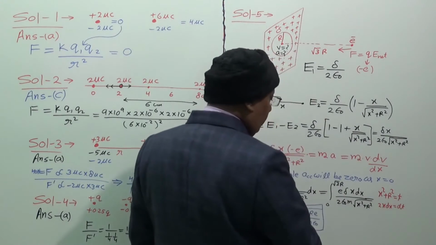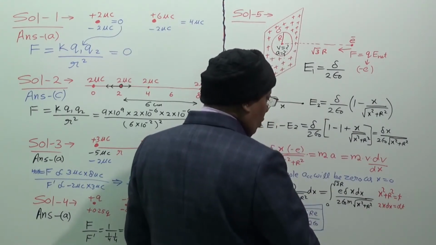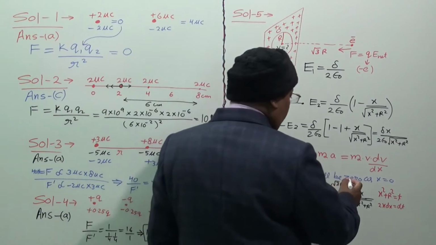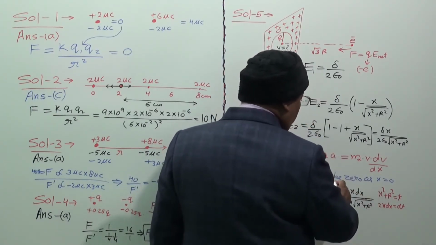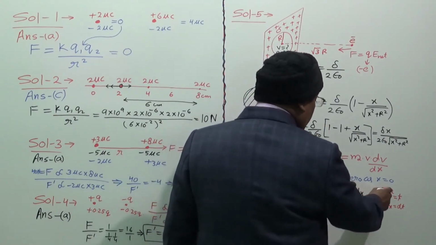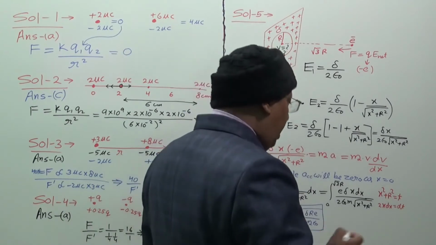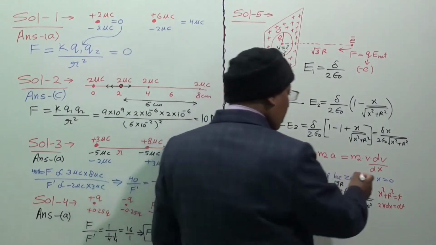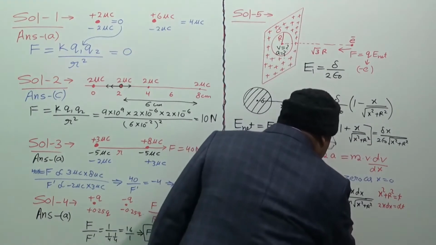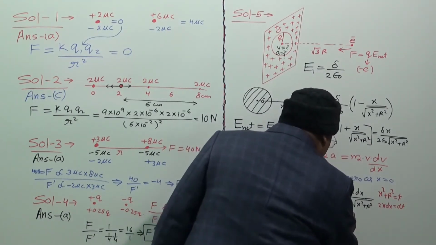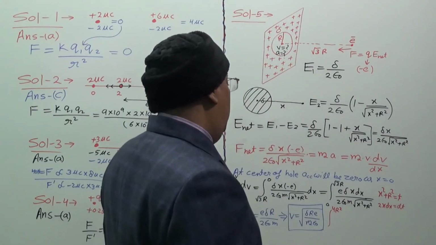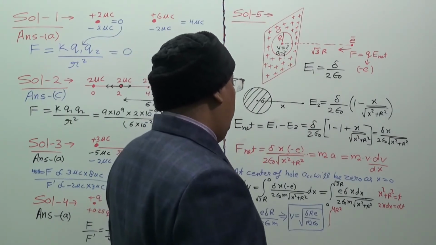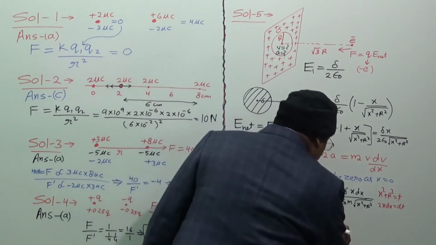For the limit, when x is equal to root 3r, it means 3r square plus r square, so t will become 4r square. And when x is 0, then t can be written as r square.